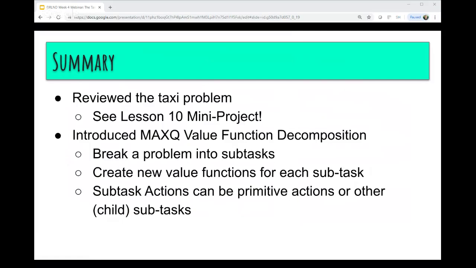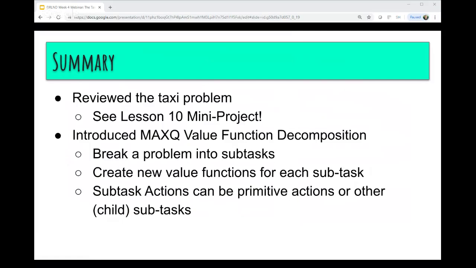And then we talked about the MAXQ value function decomposition. In summary, their idea is to break a bigger problem into smaller problems called subtasks, create new value functions for each subtask, and then have agents that are capable of being trained to solve those different subtasks. And I want to highlight just the subtask actions.